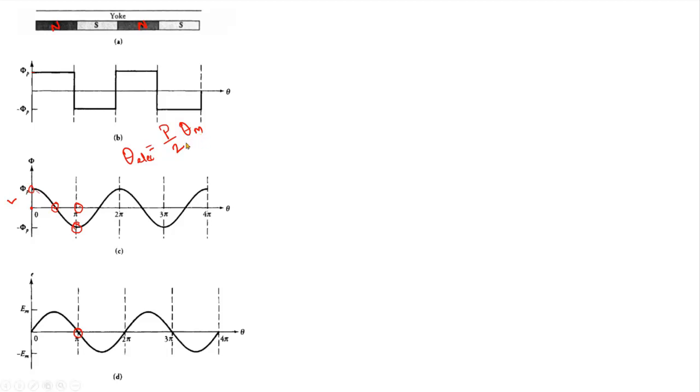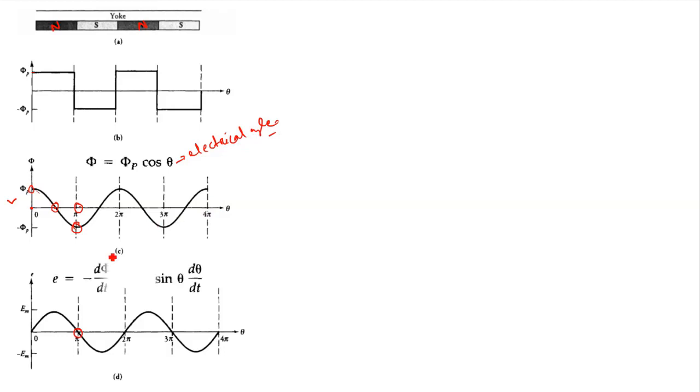So when your rotor travels theta m, your electrical angle will become P by 2 of theta m, right? From this analysis, you can see here phi equals phi p cos theta, and this theta is the electrical angle, and this is also an electrical angle.